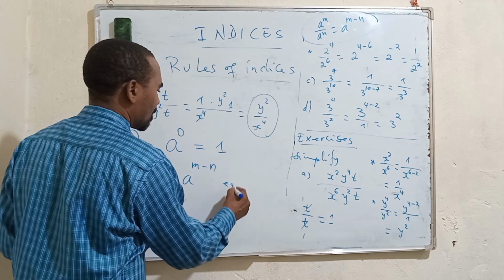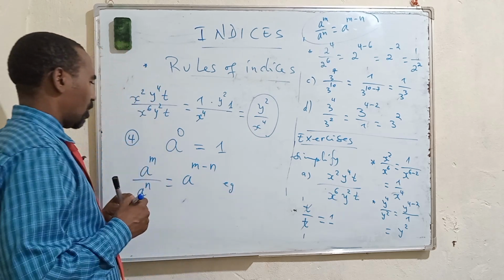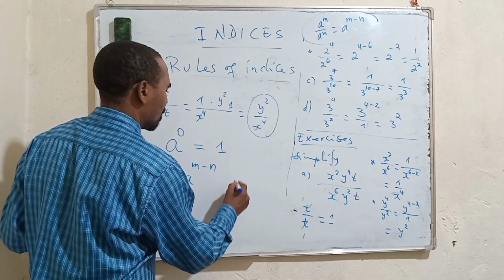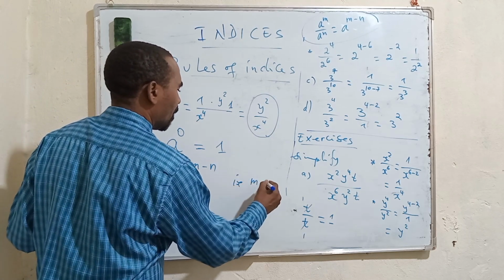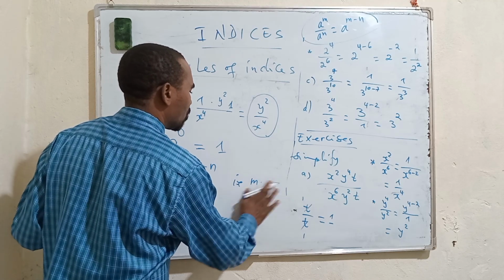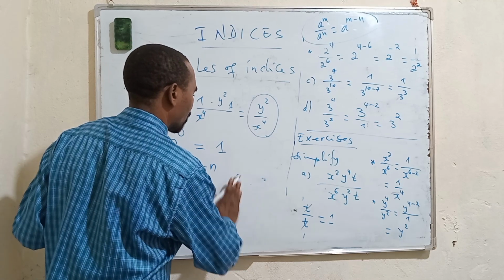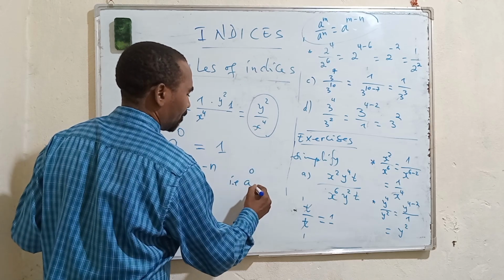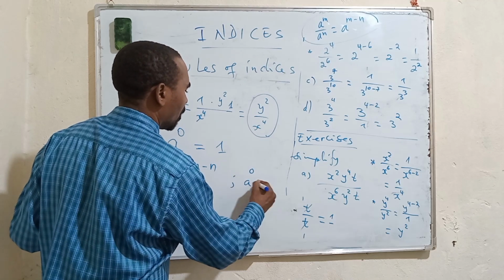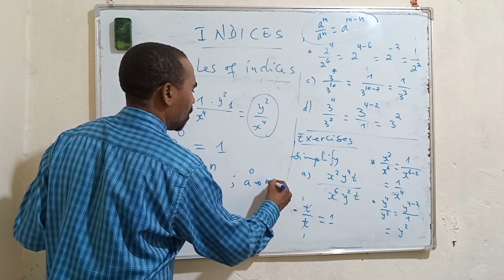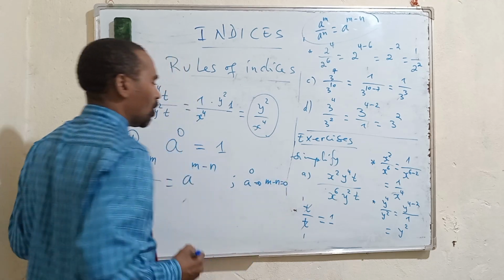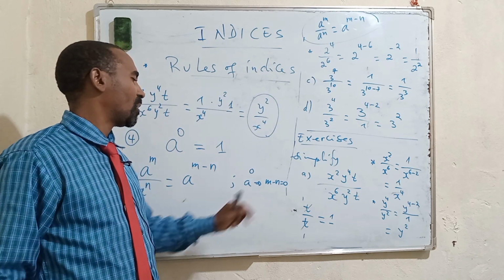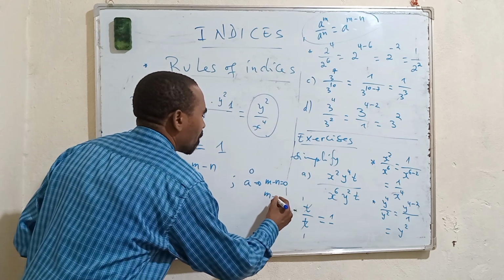Let's use an example. If I have a power 0, it means that m minus n is equal to 0. When m minus n equals 0, it is when m equals n.